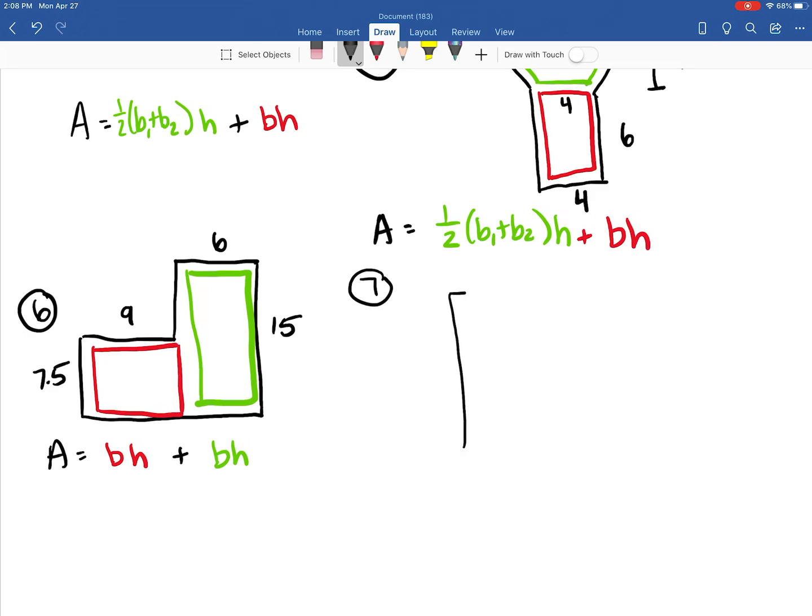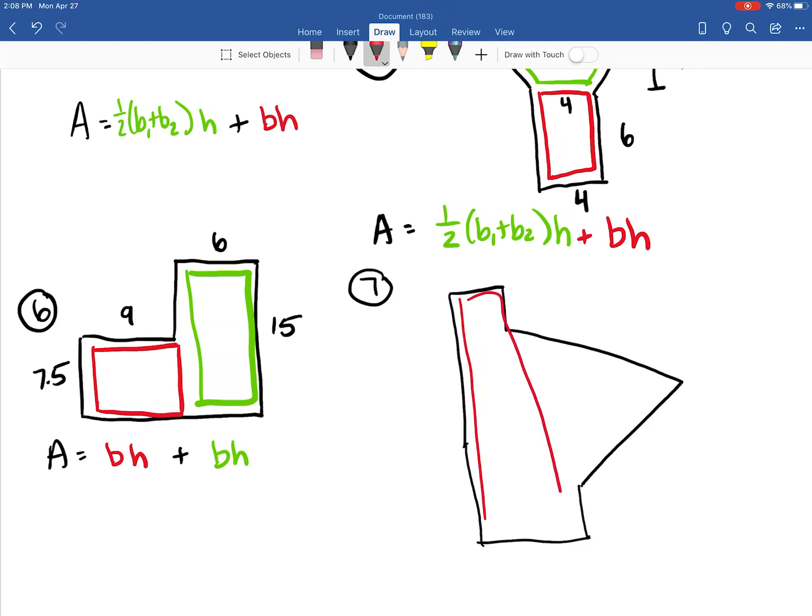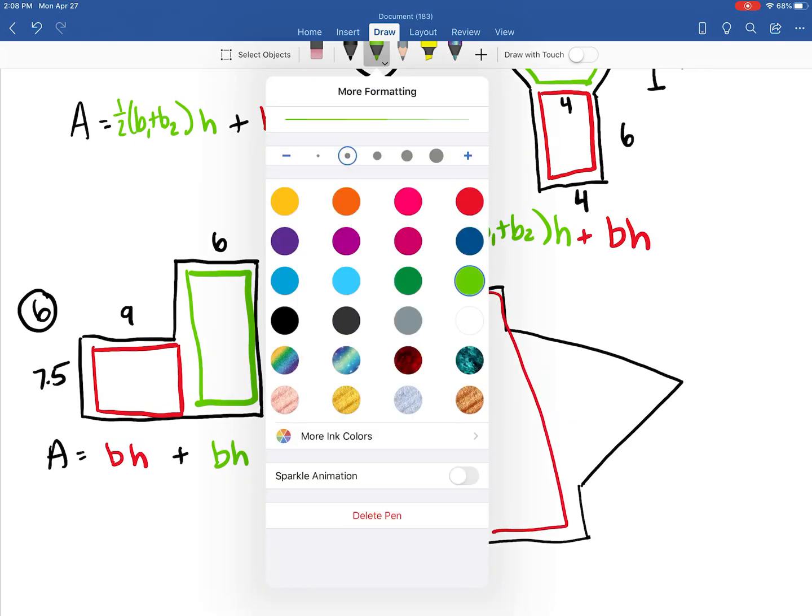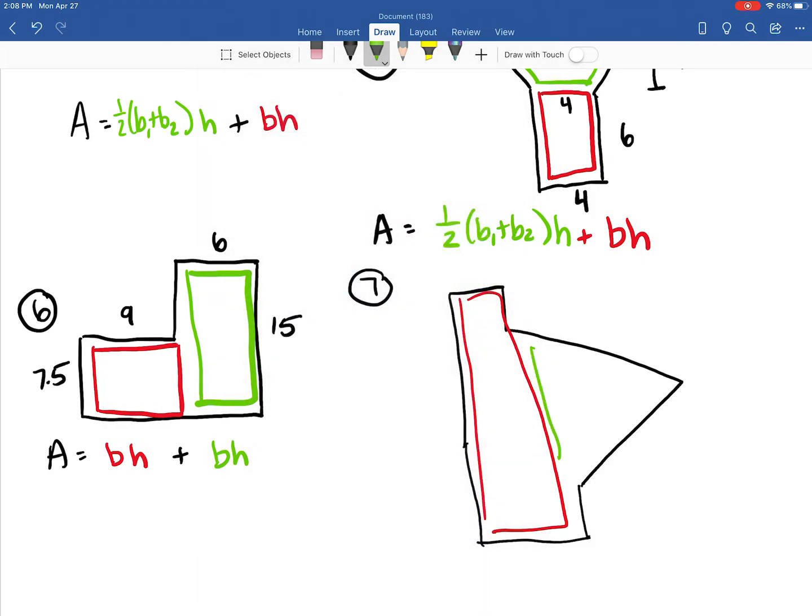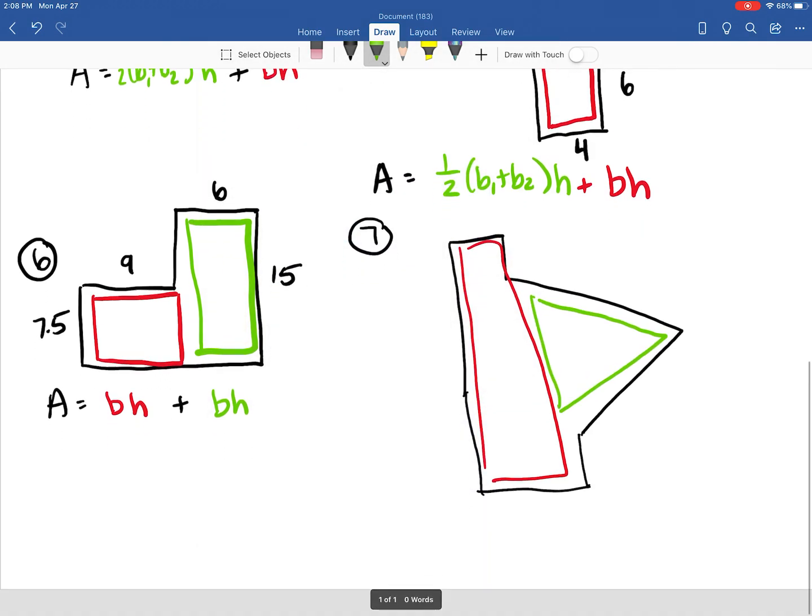Number 7. This one looks to me like a rectangle, kind of a funny picture, and a triangle.